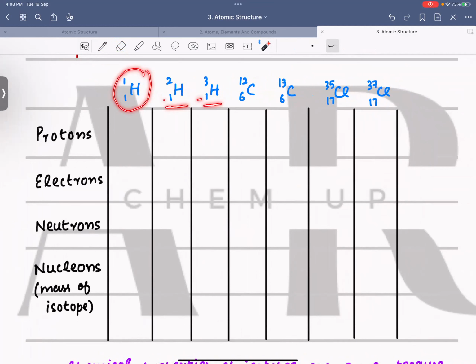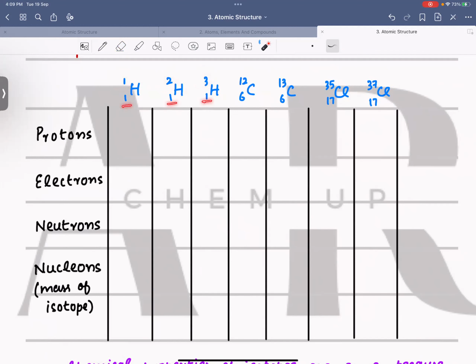If you see, the lower number written here is the same for all three of them, which means this is their proton number, atomic number, not atomic mass. And the above number is the nucleon number, which is the sum of protons and neutrons.